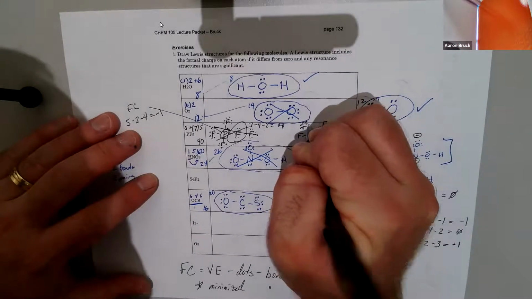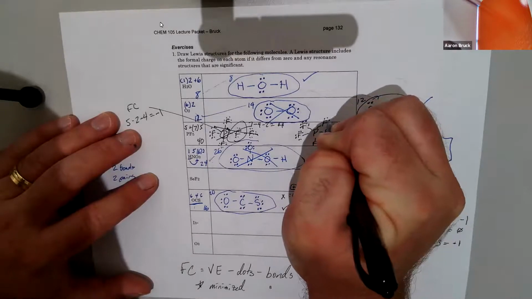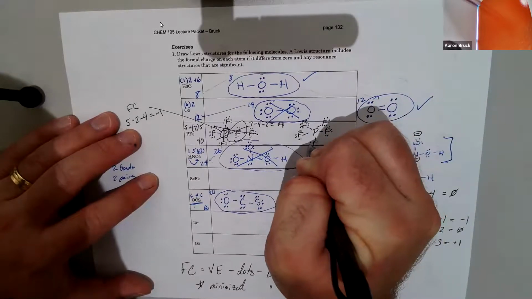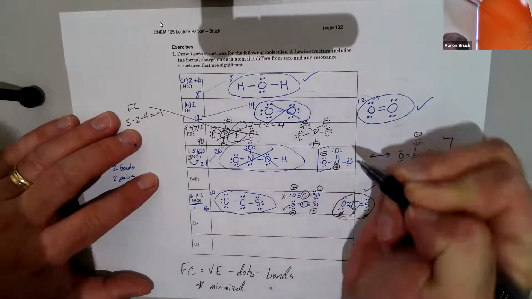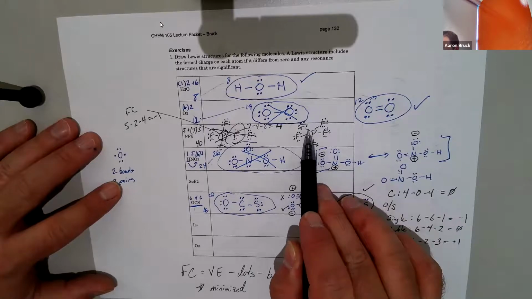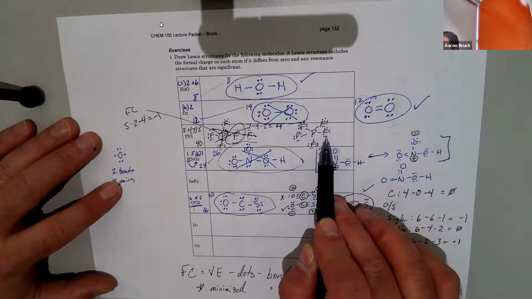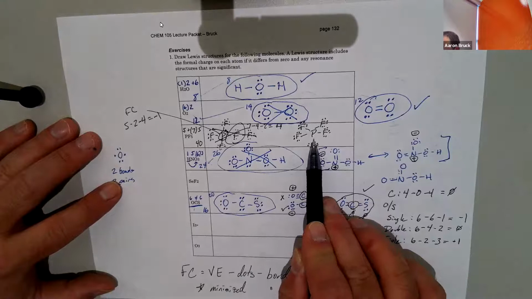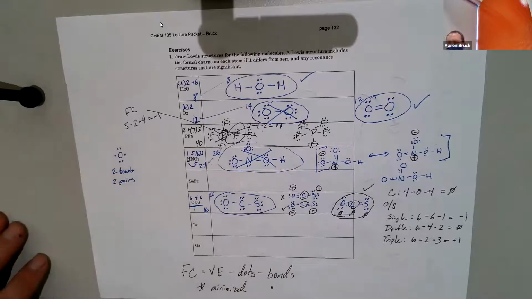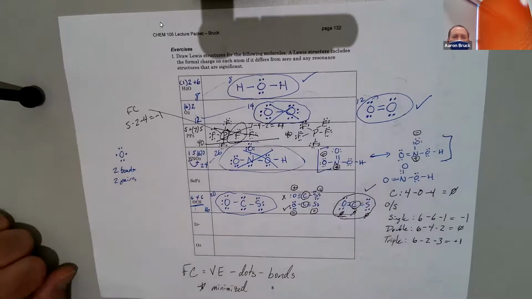If I fill in the dots, and count it up, starting on top left, 2, 4, 6, 8, 10, 12, 14, 16, 18, 20, 22, 24, 26, 28, 30, 32, 34, 36, 38, 40. 40 electrons in the structure, matching the 40 electrons that are supposed to be there.